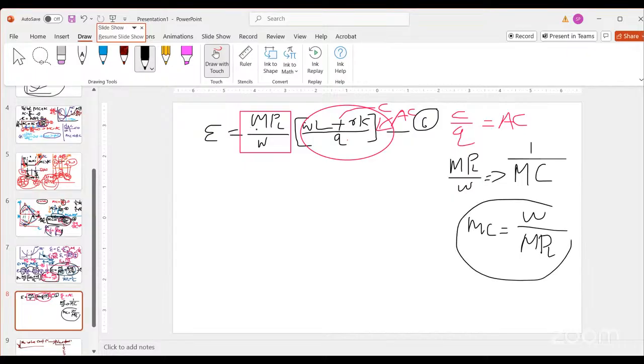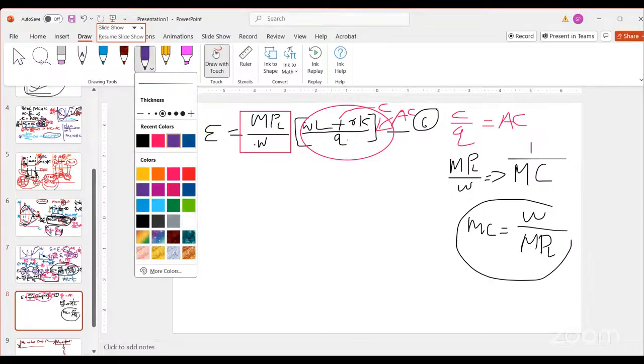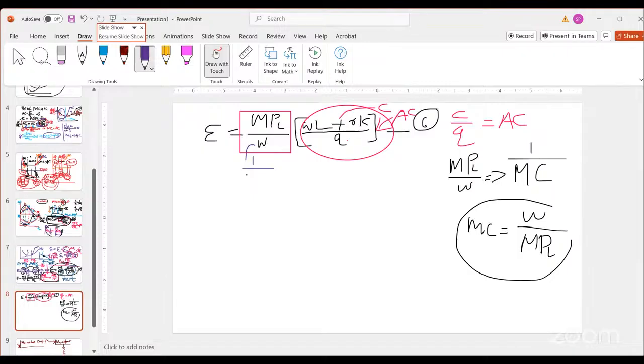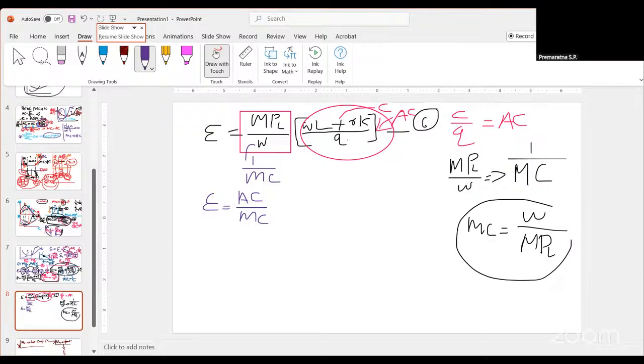Now here, the first part of the equation equals 1 divided by marginal cost. So now I can rewrite the elasticity, that is the output elasticity, as AC divided by MC. That is the conclusion we got.